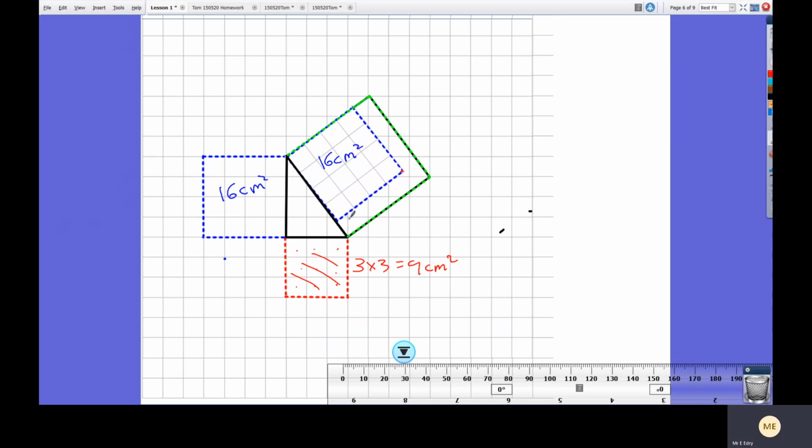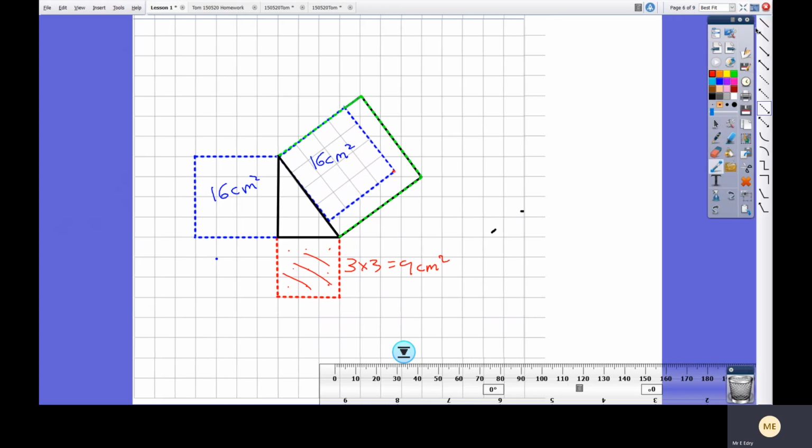And what I want to do is look at the space that is left. I'll use an orange. Well, I can see that I have 4 centimeters here.